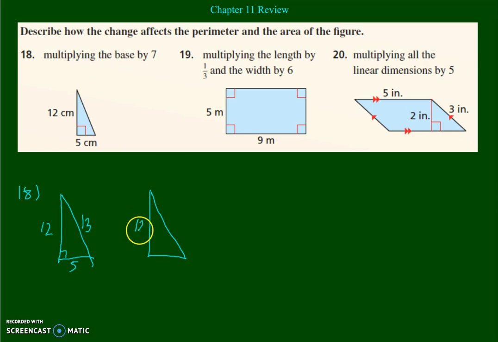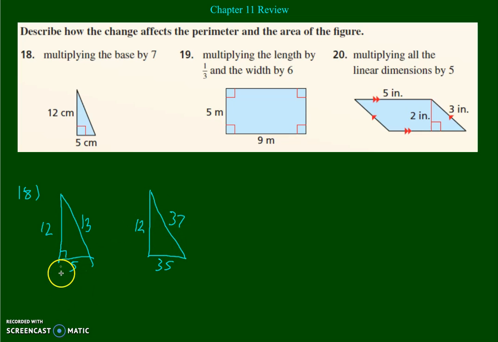So this is going to be 12, and this is going to be 5 times 7, which is 35. If we use the Pythagorean theorem, 5, 12, 35 gives us 37 for the hypotenuse here. So this is the change in the hypotenuse.